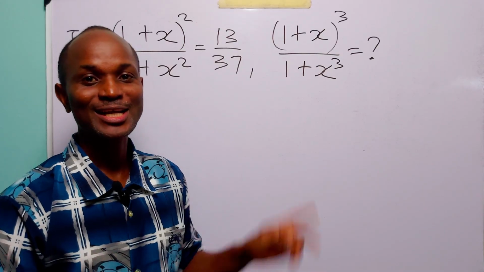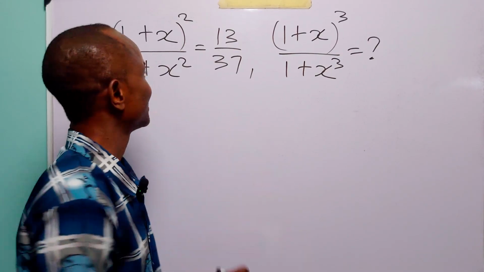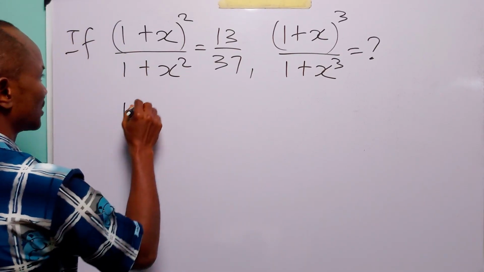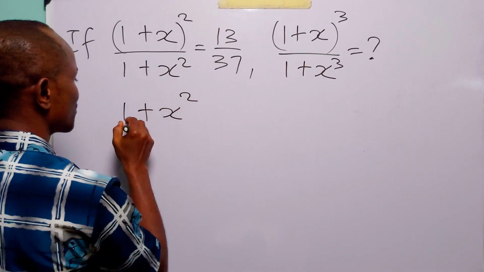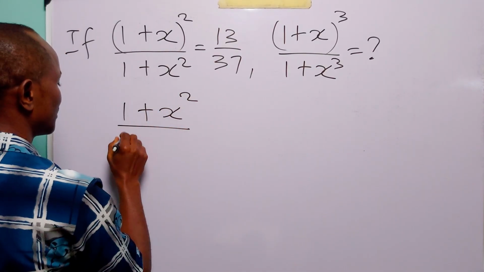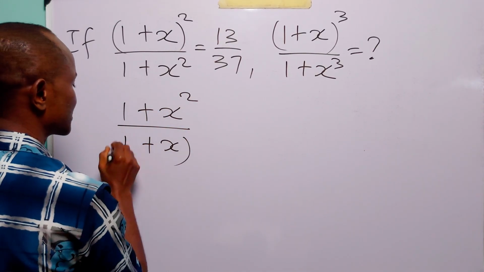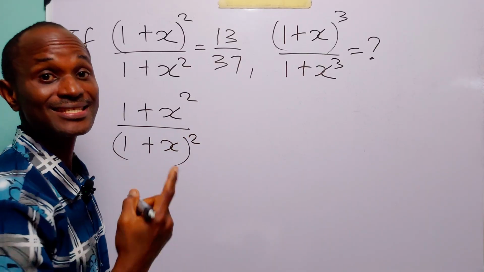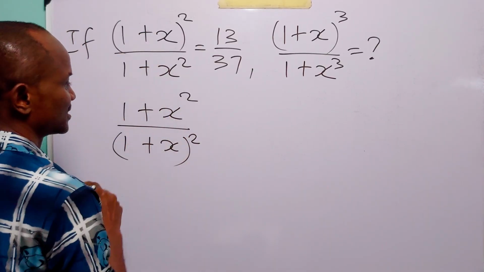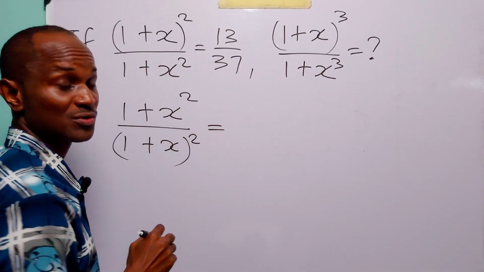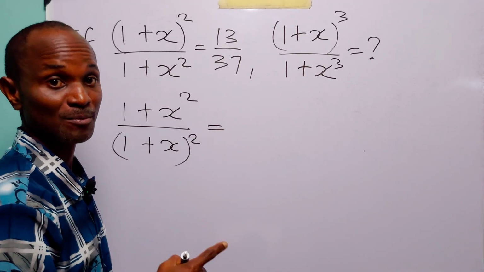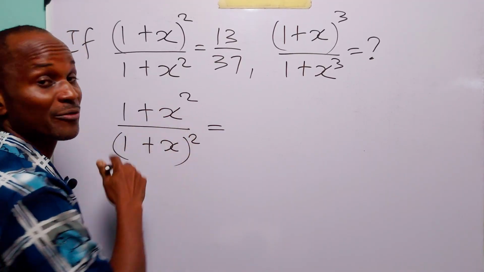Hello and welcome. To solve the problem at hand, let us consider (1 + x)² divided by (1 + x²). That is the reciprocal of this quantity. Now, what I'm going to do is add and subtract 2x to this numerator.